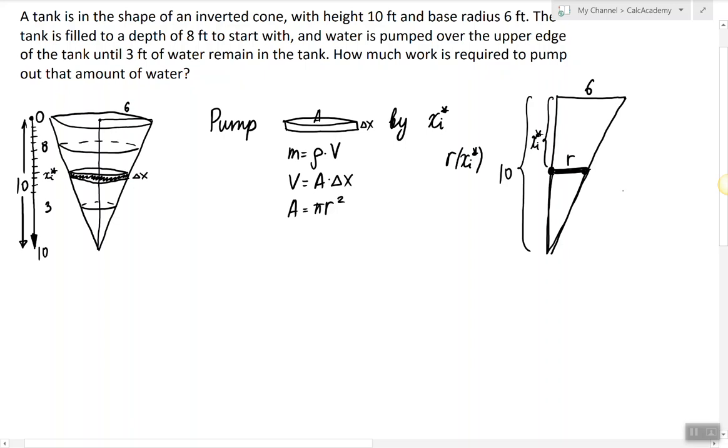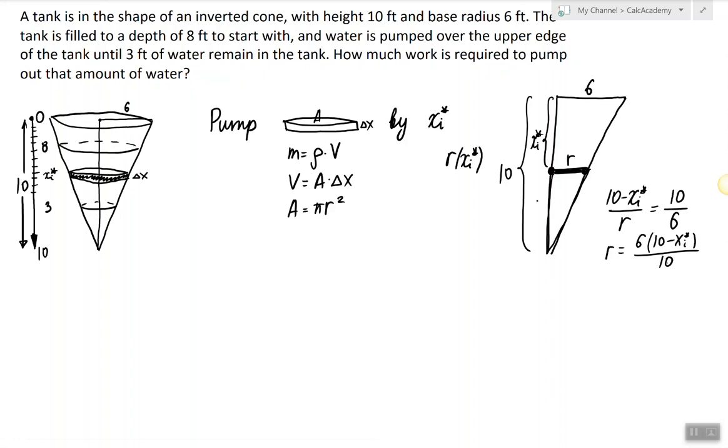That means 10 minus xi star divided by r is the same as 10 divided by 6. That means if I want to know r, I can just take 6 multiplied by 10 minus xi star and divided by 10. So this is my formula for r.